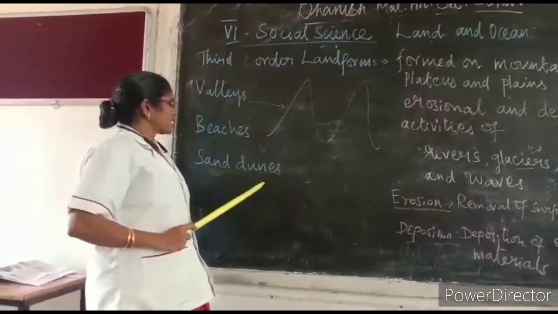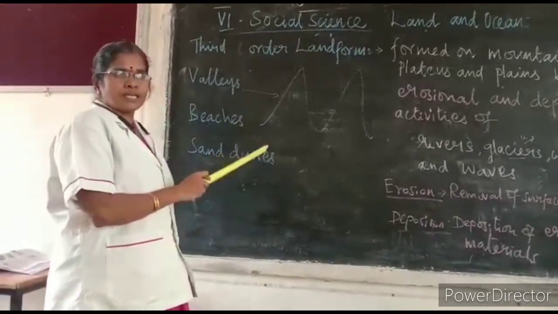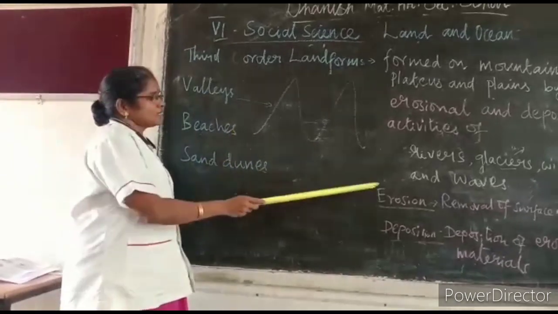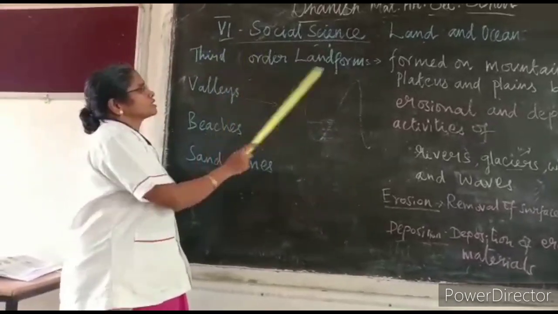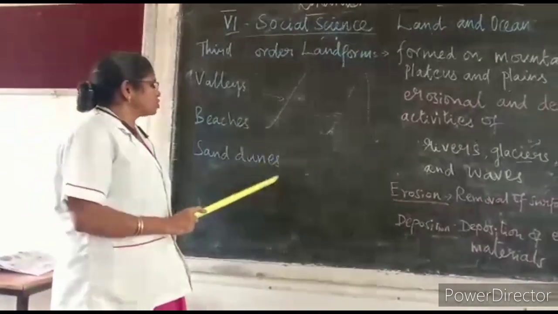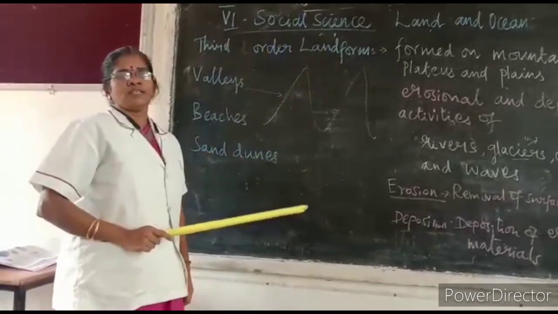And beaches and sand dunes: we have all gone to Marina Beach. Walking on Marina Beach is nothing but experiencing one form of landform. So beaches and sand dunes come under third order landforms.